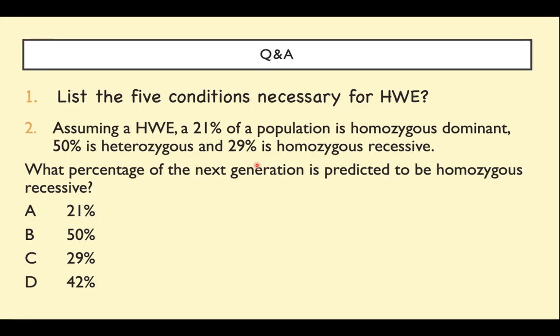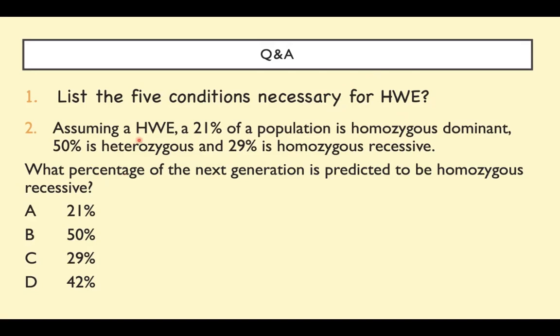Yeah, betul. The population must be large. This is the 5 conditions necessary for Hardy-Weinberg equilibrium. Okay, kalau dia tak ikut the Hardy-Weinberg equilibrium, because of allelic frequency, it most likely will cause microevolution to happen. Okay, next question.